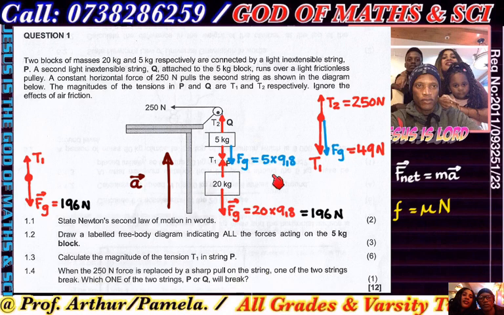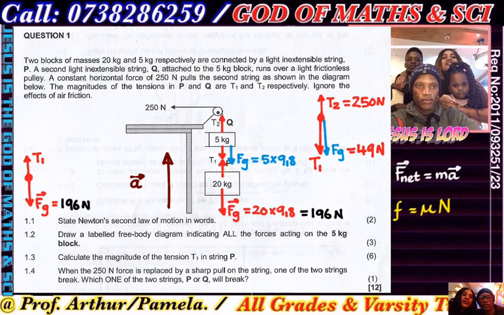So the idea here is, if we take this string here and really pull it very sharply, like powerfully, which one will break? So the question is, between string 2 and string T1, which one experiences greater force?